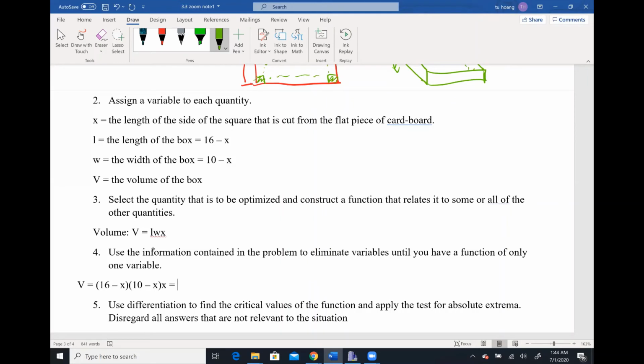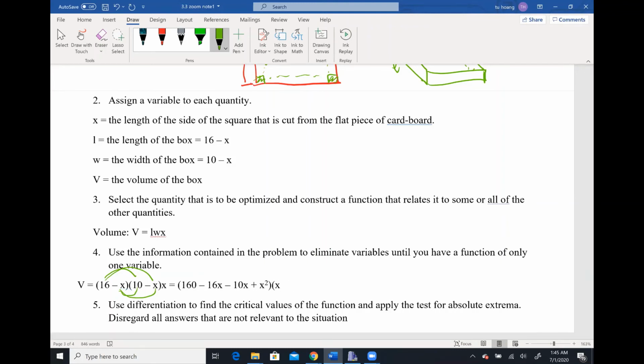So 16 times 10 is 160, then minus 16x, minus 10x, then plus x squared. That is one product first. You should do this step by step.